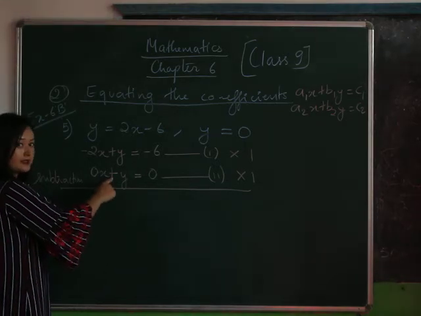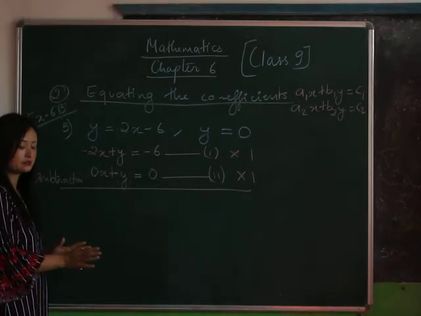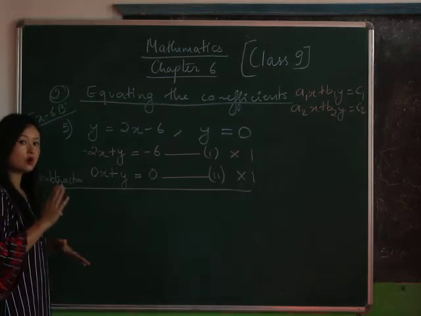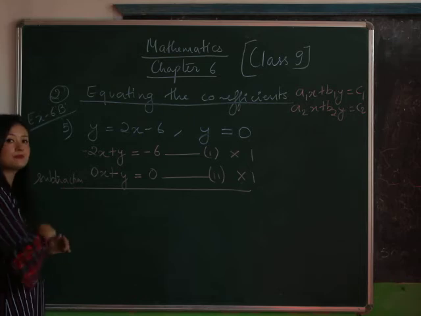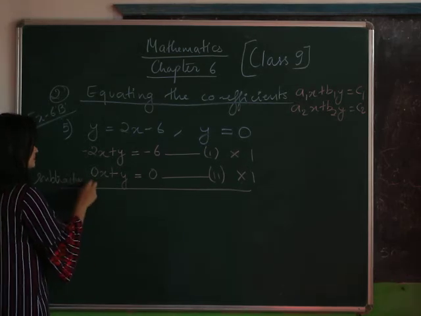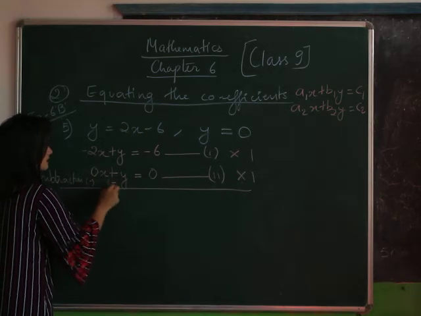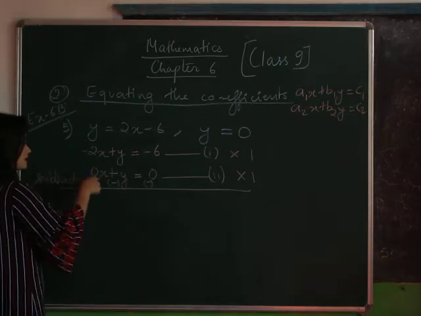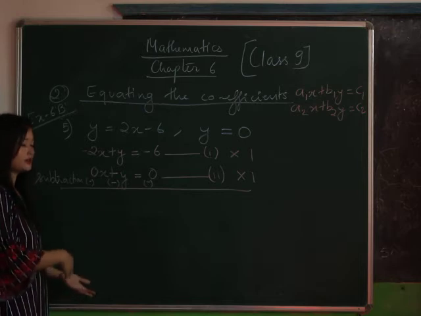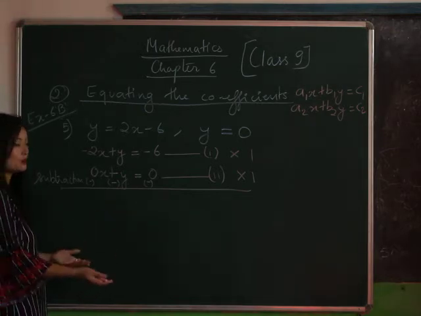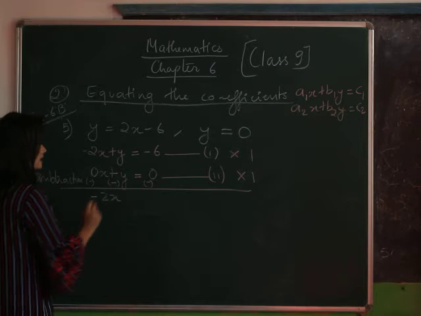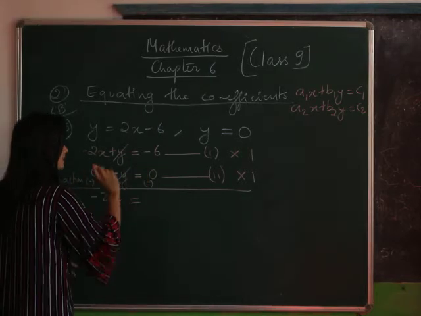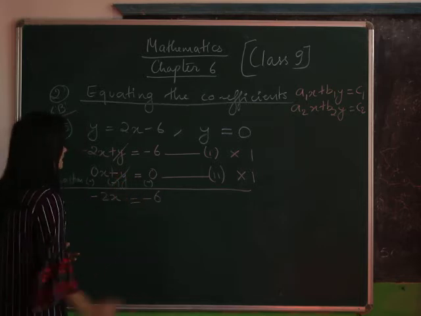But here we have the same signs, so we cannot cancel. In order to do the cancellation, the signs have to be opposite, so we do the subtraction. So this plus becomes minus, and this also becomes minus. Minus 2x minus 0 will be the number itself, plus y and minus y cancel, and minus 6 minus 0 will be the number itself.